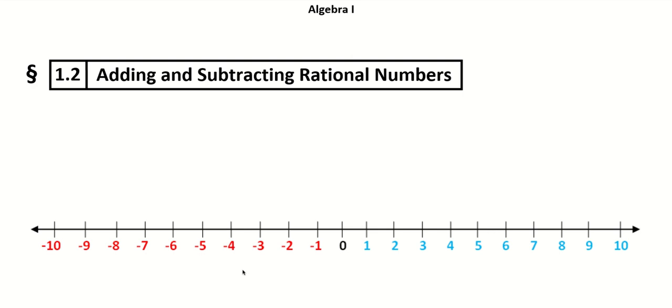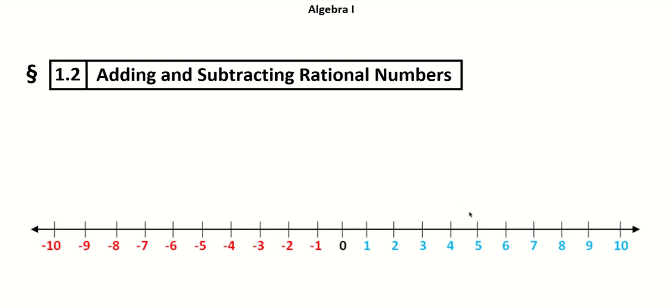So to start us off, when we're adding, we're moving right, and when we're subtracting, we move left, number line wise. The only other thing I'll say to build a foundation for this lesson is that it helps to think of it as money.